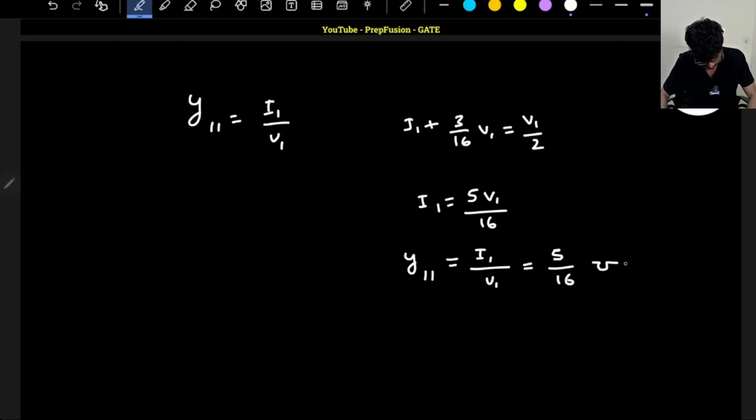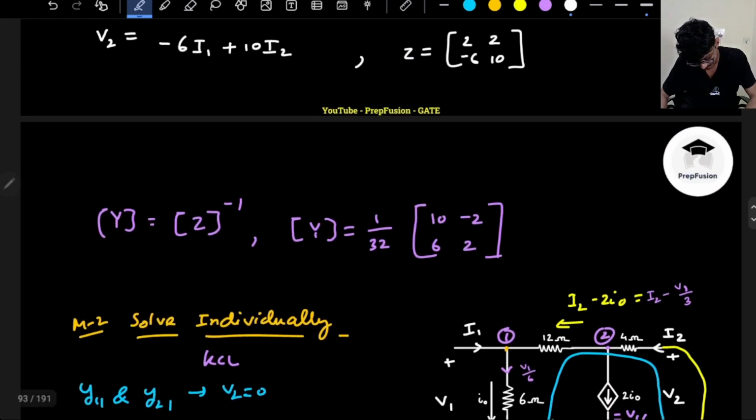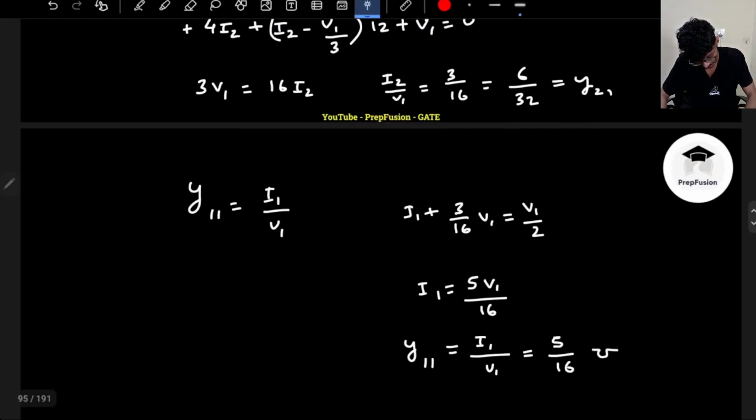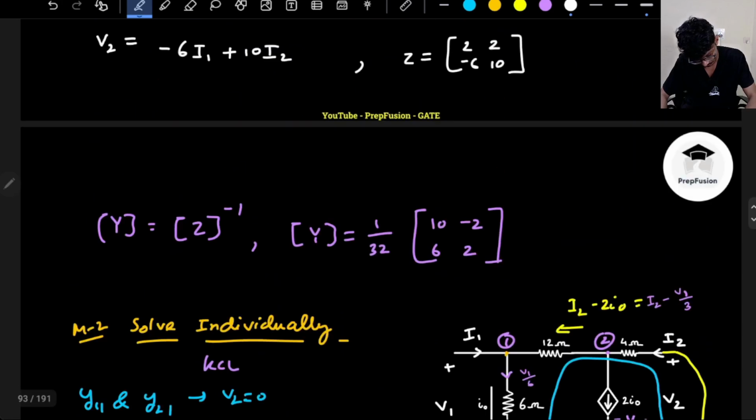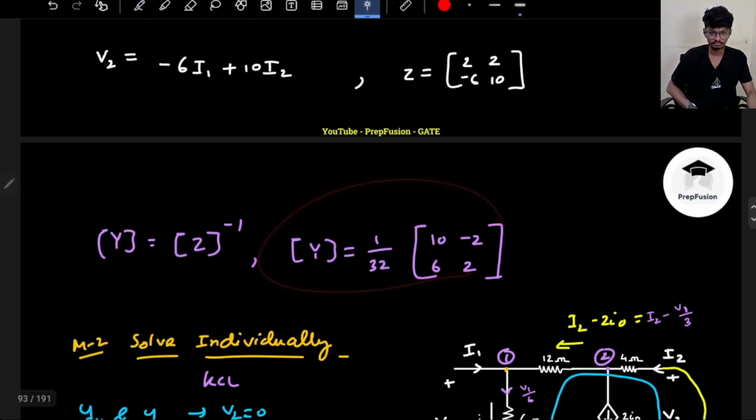This is the Y11 value. Let's check. If I multiply this by 2, this will be 10 by 32, which is exactly what we have already found out with the Z parameter method. So like this you can solve.